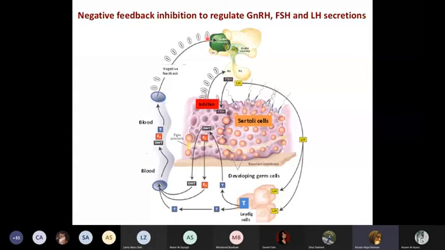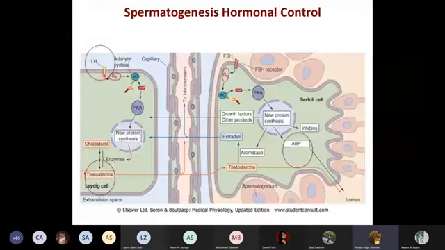Now, as I mentioned, Leydig cells have receptors for LH. So once the LH molecule binds to the cell surface receptor, remember the cell surface receptor mechanisms of action. We mentioned that we have the G protein. The G protein that is coupled to the receptor will activate the adenyl cyclase that will produce cyclic AMP second messengers. Cyclic AMP activates protein kinase A. Protein kinase A will activate the synthesis of new proteins.